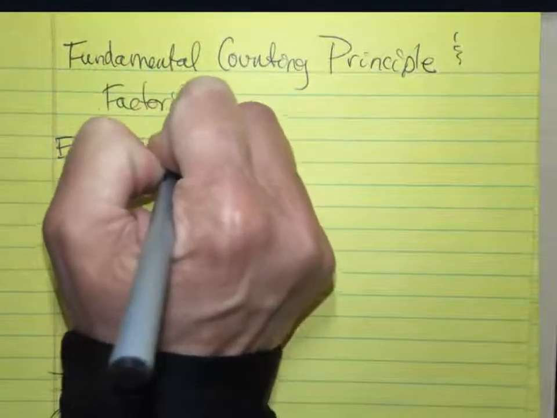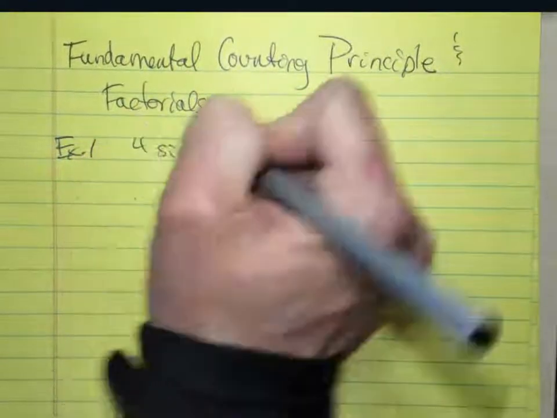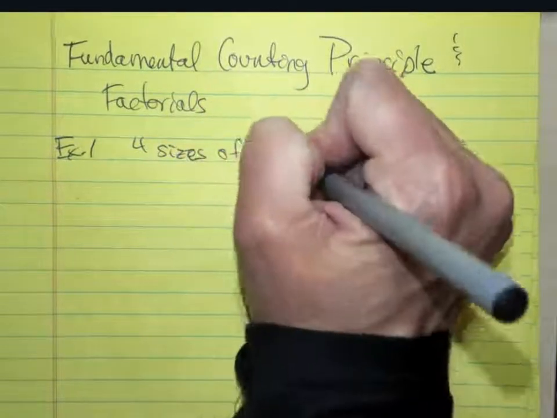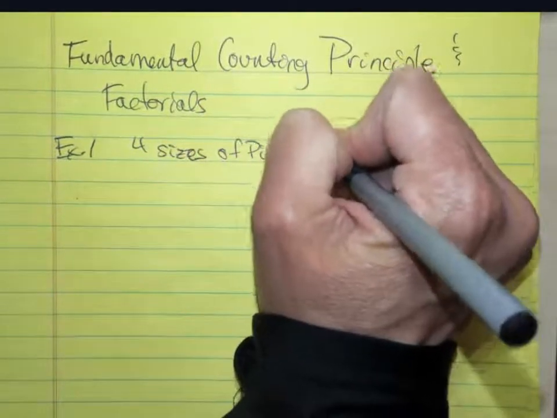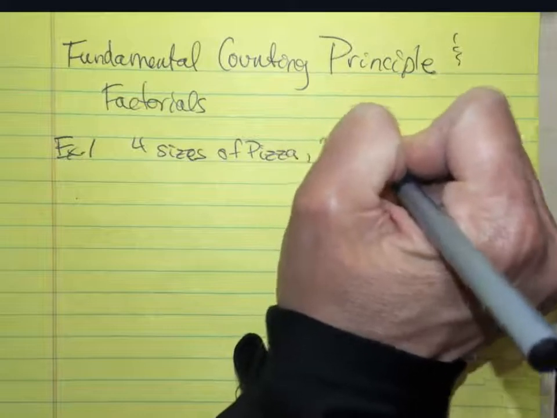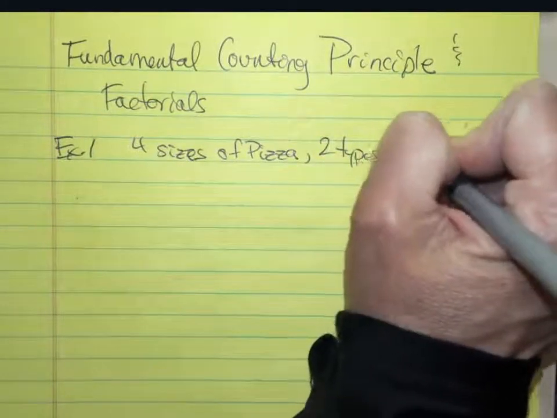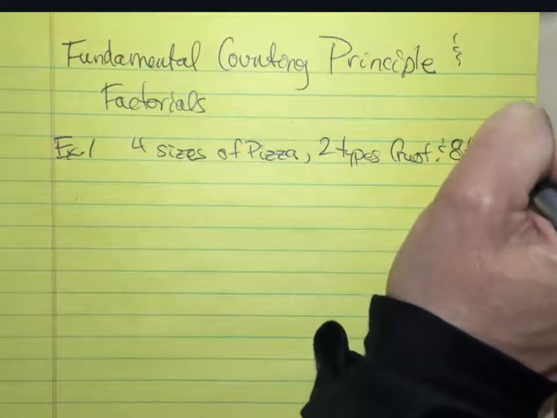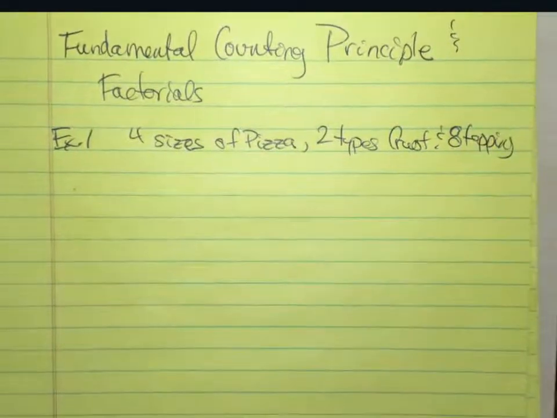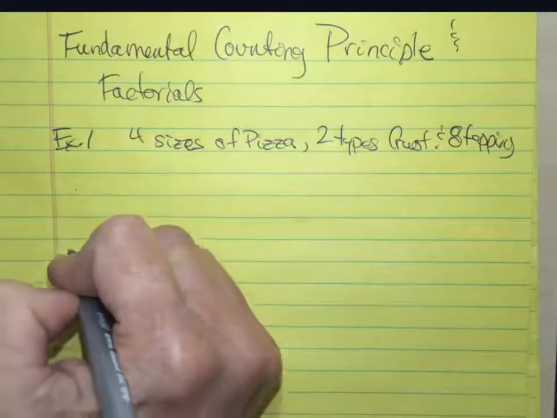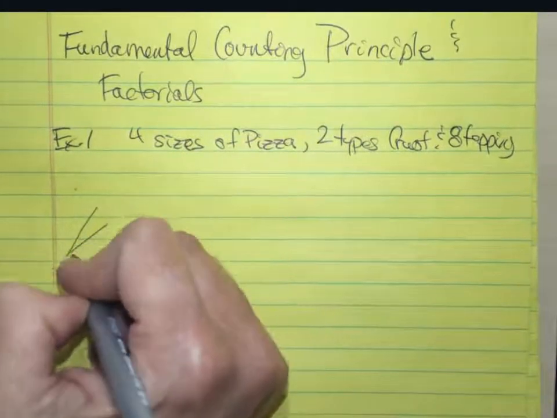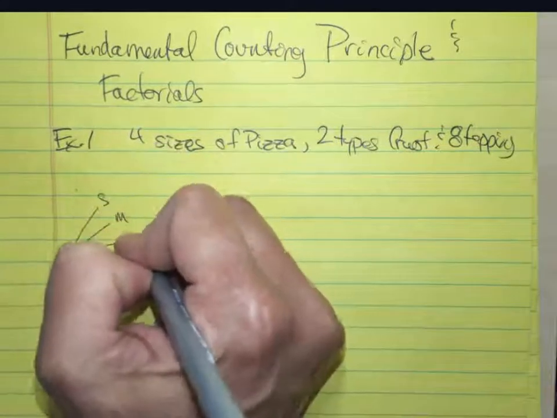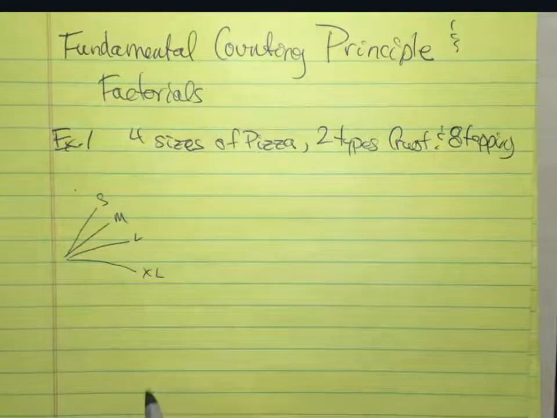4 sizes of pizza. It had 2 types of crust and 8 toppings. If we were to draw a tree, it would be ginormous. So we would have 4 sizes, so maybe small, medium, large, extra large.